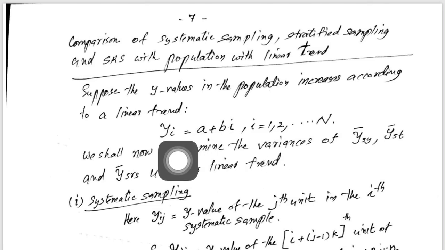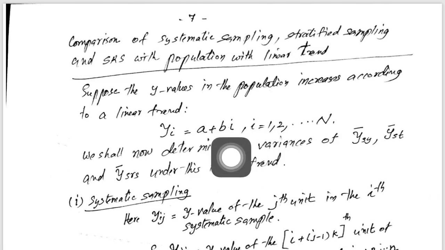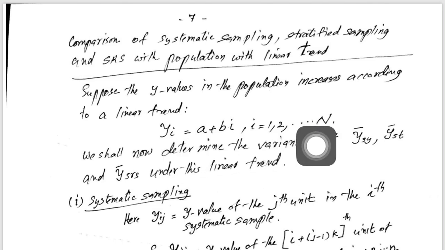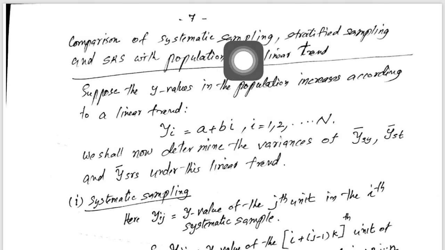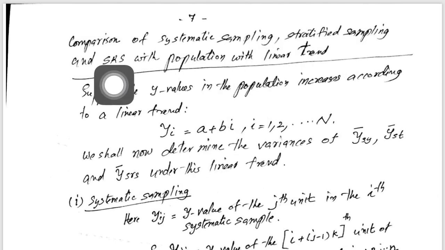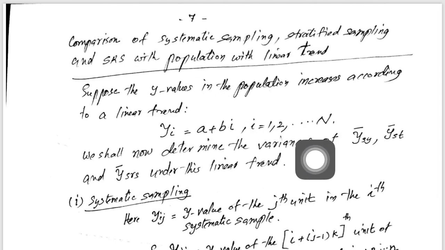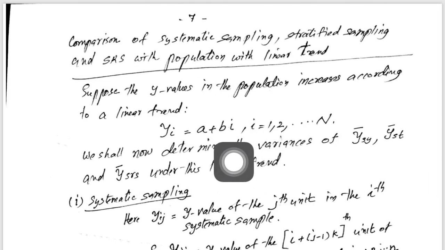This type of population is not common in observations, but this is a hypothetical model. And you will see what will happen to the variances of these three procedures: systematic sampling, stratified random sampling and simple random sampling, if these methods are applied in a population having this model.